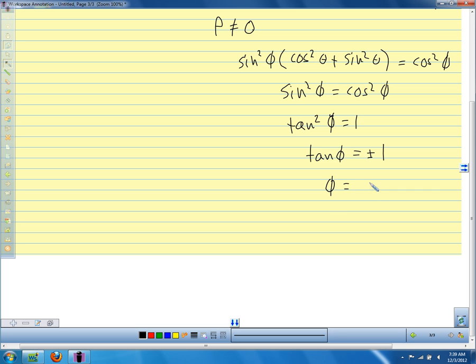Phi equals pi over 4, and for the negative, 7 pi over 4. That'll work. So this is the equation of a cone in spherical coordinates: phi equals pi over 4, or phi equals 7 pi over 4. So phi equals some constant angle. That tells us our angle from the z-axis is constant.